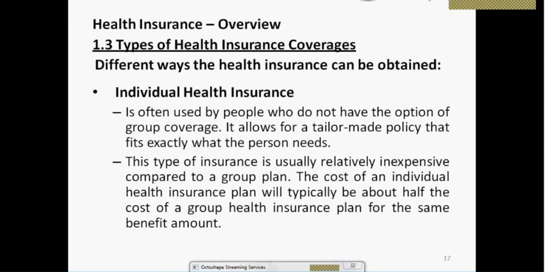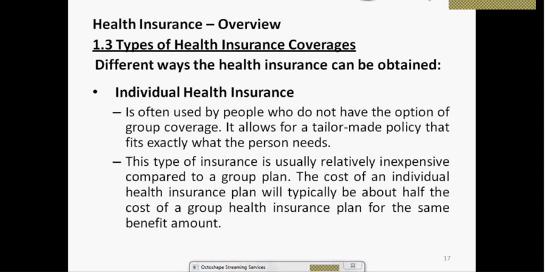The individual health insurance is often used by the people who do not have the option. For example, if you are owning your own company or you are part of the employer group, but now you're no more with a job, so you're alone, right? So you need some kind of insurance. For such people, you have the individual health insurance.